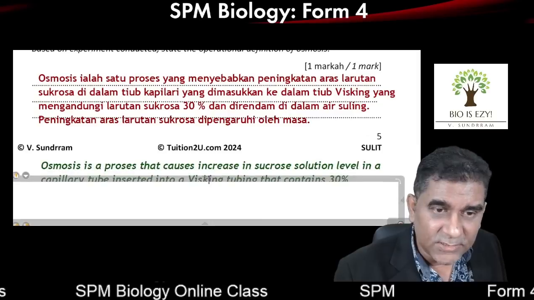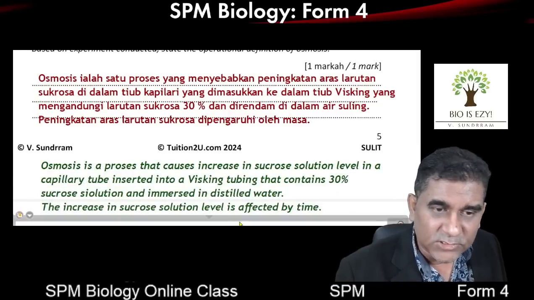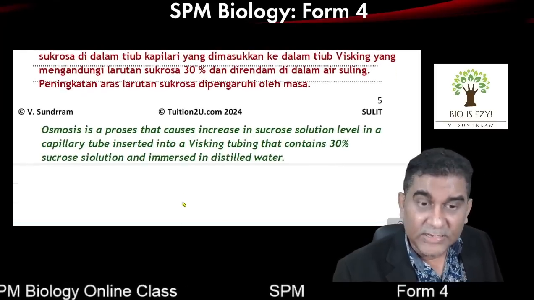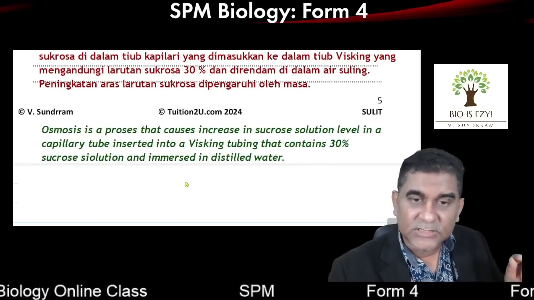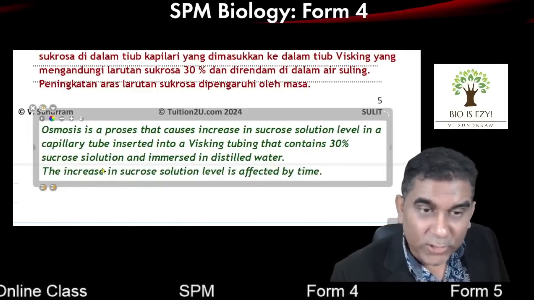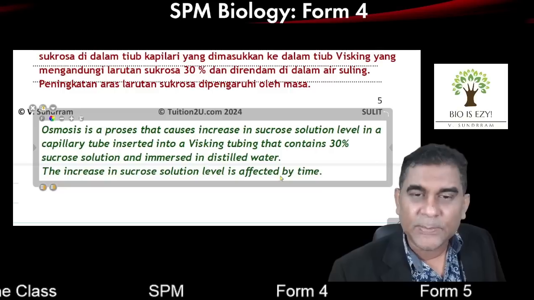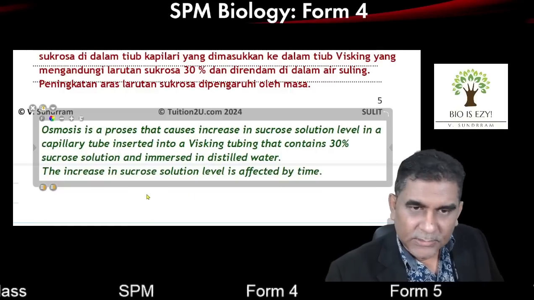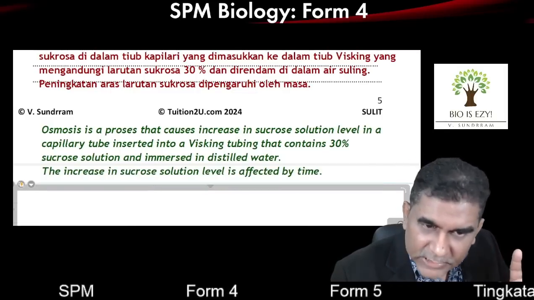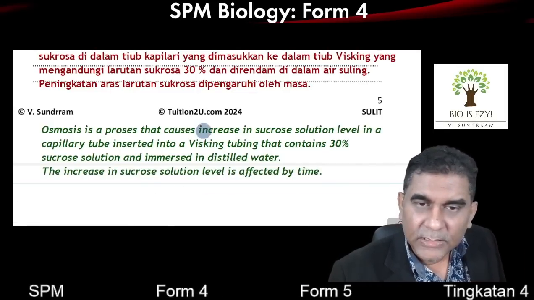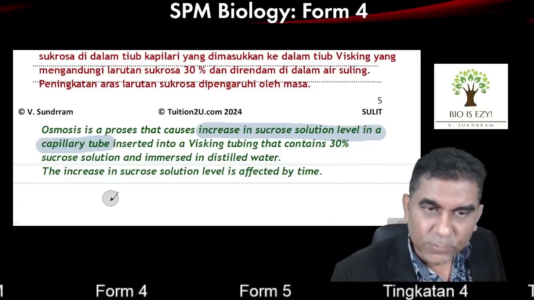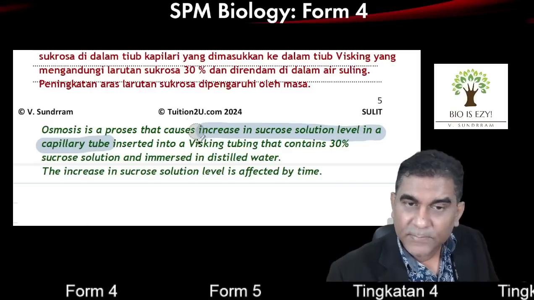The English version: osmosis is a process that causes increase in sucrose solution level in a capillary tube inserted into a whisking tube that contains 30% sucrose solution and immersed in distilled water. The increase in sucrose solution is affected by time. As I mentioned earlier, increase in sucrose solution level in a capillary tube, responding variable.